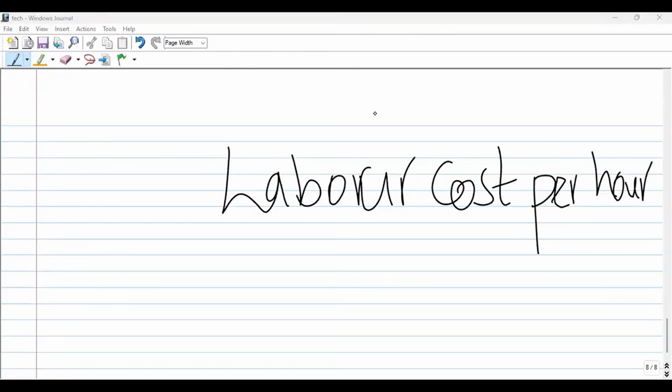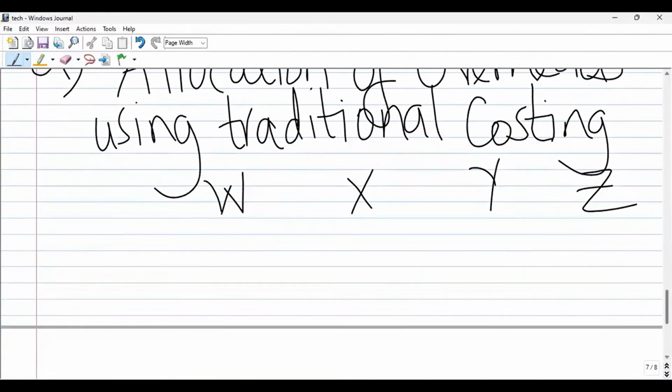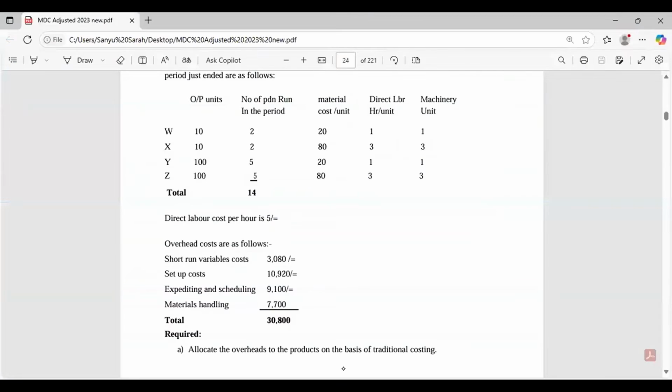So we are going to start and assess the question that we have, whether we have direct costs or we don't. They started by giving us output in units. So we can also show the units for each.